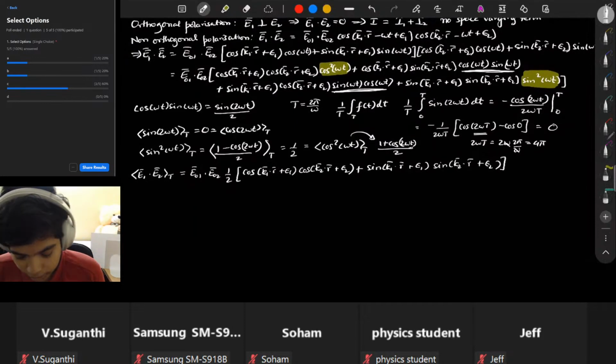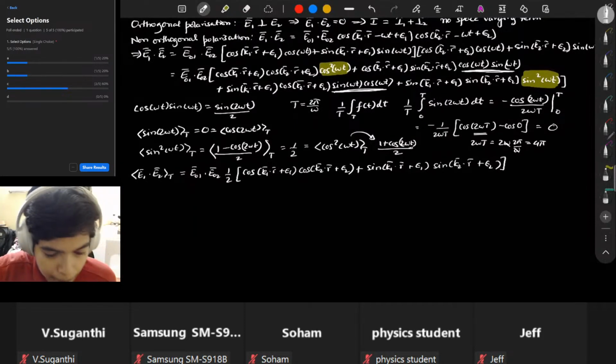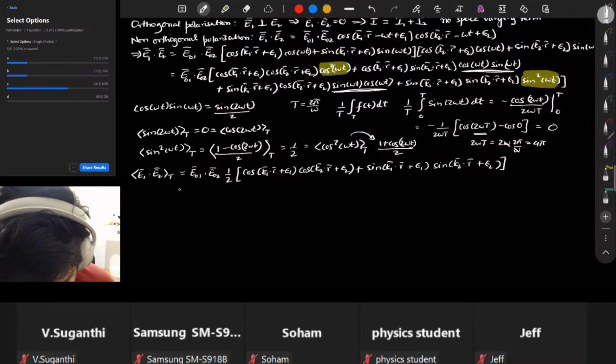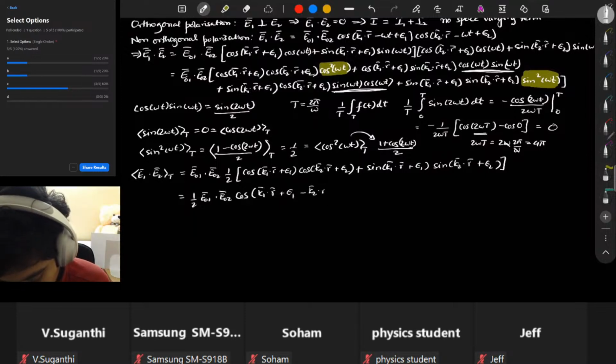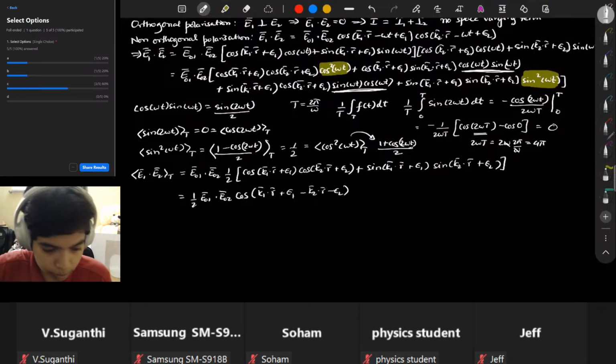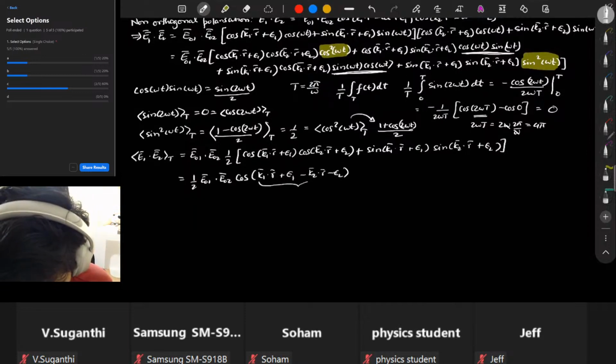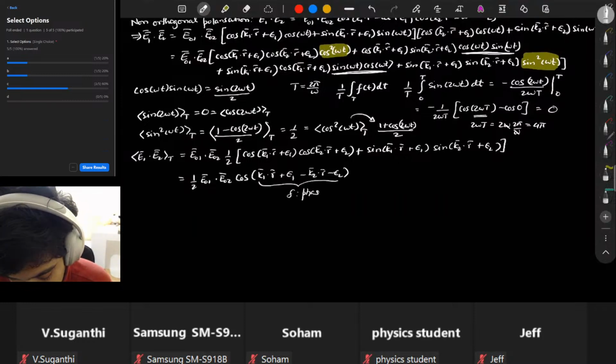Now again, using trigonometric identities, we can combine these. We will get 1 by 2 E01 dot E02 cos of (k1 dot r plus epsilon 1 minus k2 dot r minus epsilon 2). This whole argument of the cosine is what we call delta, which is the phase difference.